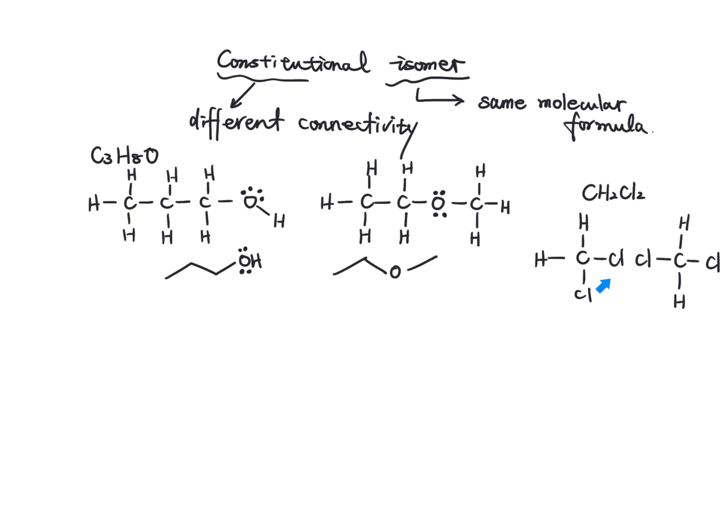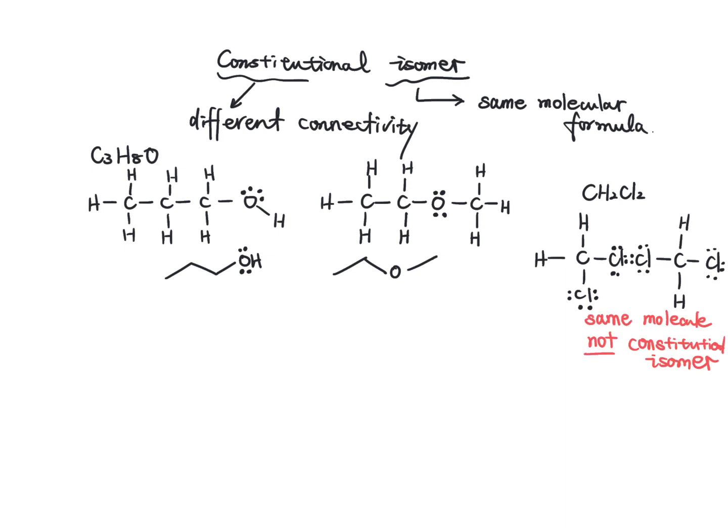Why is that? Because this carbon connects to two hydrogens and this carbon connects to two chlorines. That's it. The connectivity is the same, and there is no difference here. So they are the same molecule, not constitutional isomers.